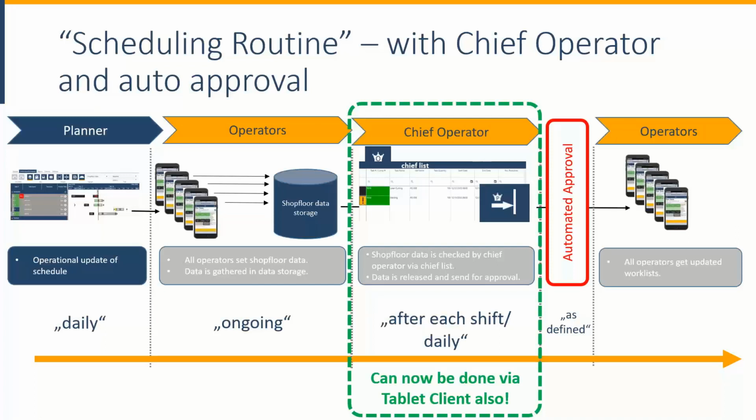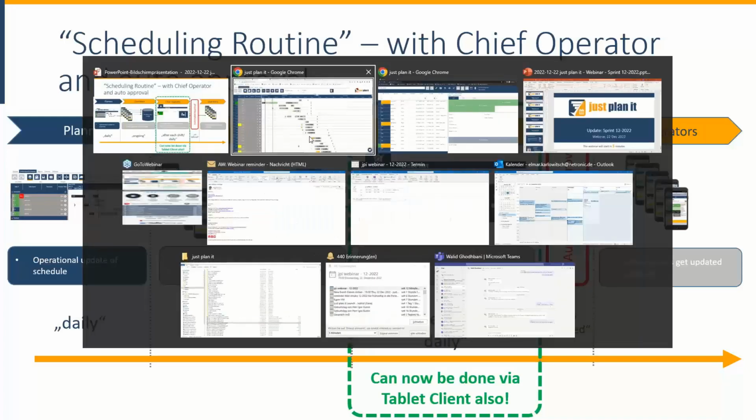But in my eyes, if you have the chief operator checking the data, then you can go for the auto approval. So actually two ways of running the scheduling routine, one with the planner doing the approval, the other with the chief operator doing the approval. But the message here is that both workflows of running the scheduling routine are now supported by functionality of the tablet client. And this I'm going to show to you now.